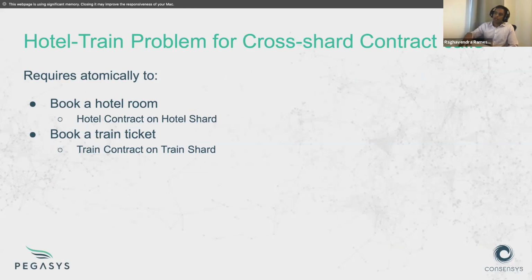Imagine that we need to book a hotel room as well as a train seat, and the hotel contract exists on one shard and the train contract exists on another shard. The requirement of this hotel train problem is to atomically book a hotel room and a train seat. So these are the two main problems that we'll concentrate on for the rest of the talk.